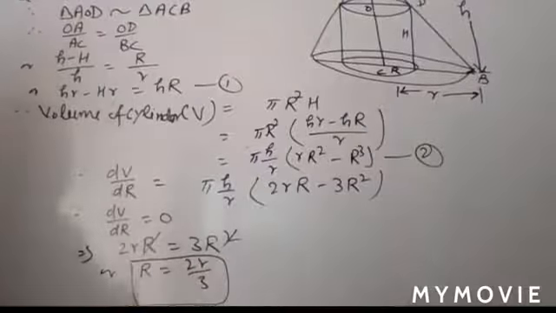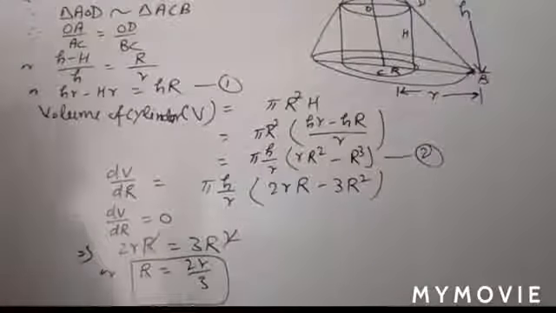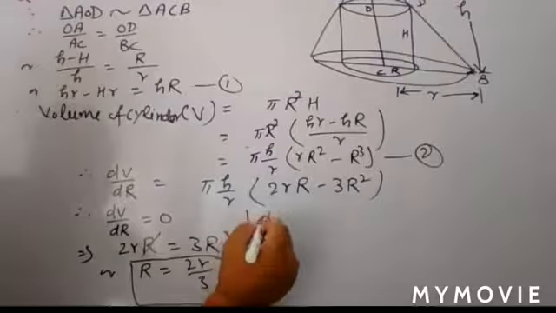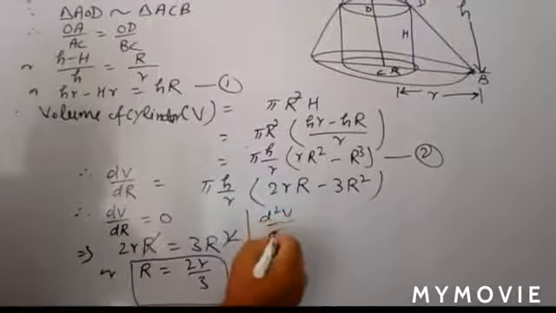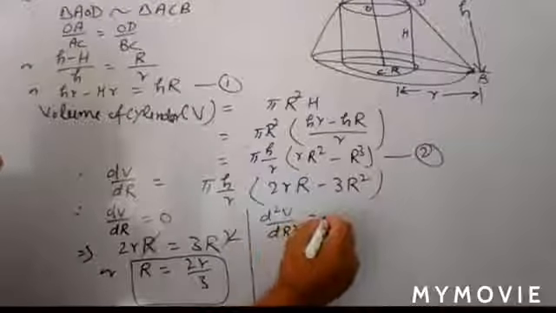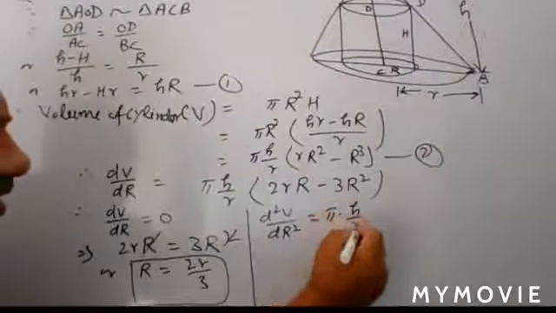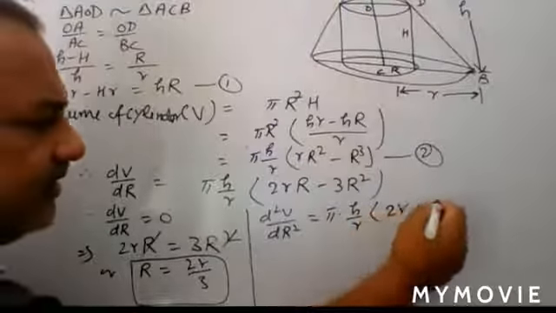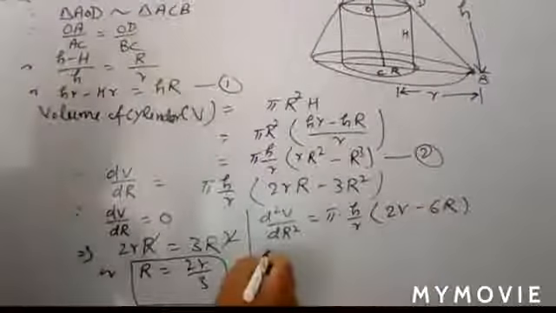Now taking the second derivative, d2V upon dr2 is equal to pi h upon r into (2r minus 6 capital R).